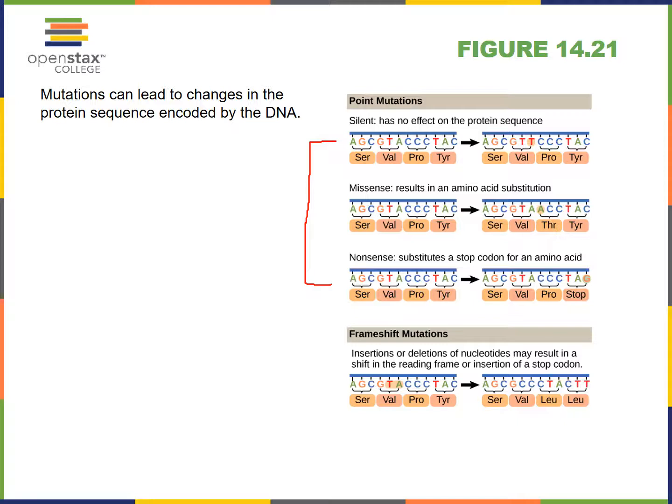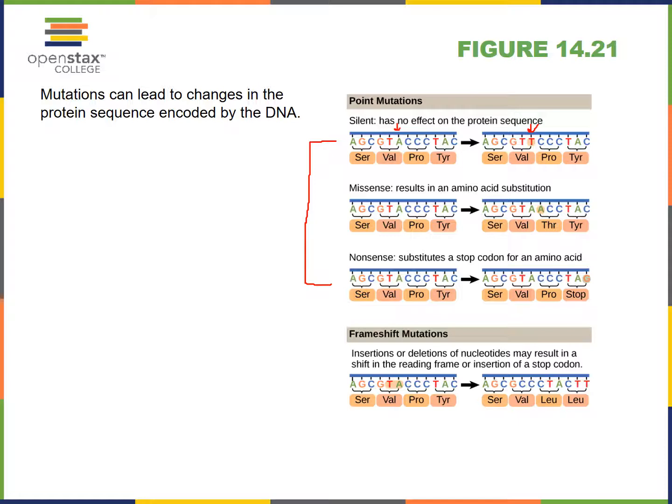So instead of a T, you put a C. So in this first example, they have changed this A to a T, and that is a point mutation. You do a single nucleotide substitution.